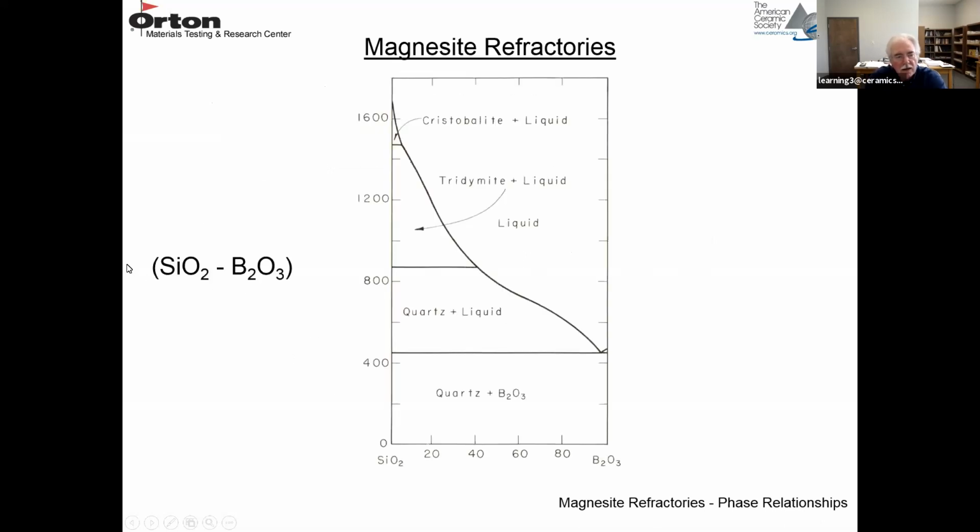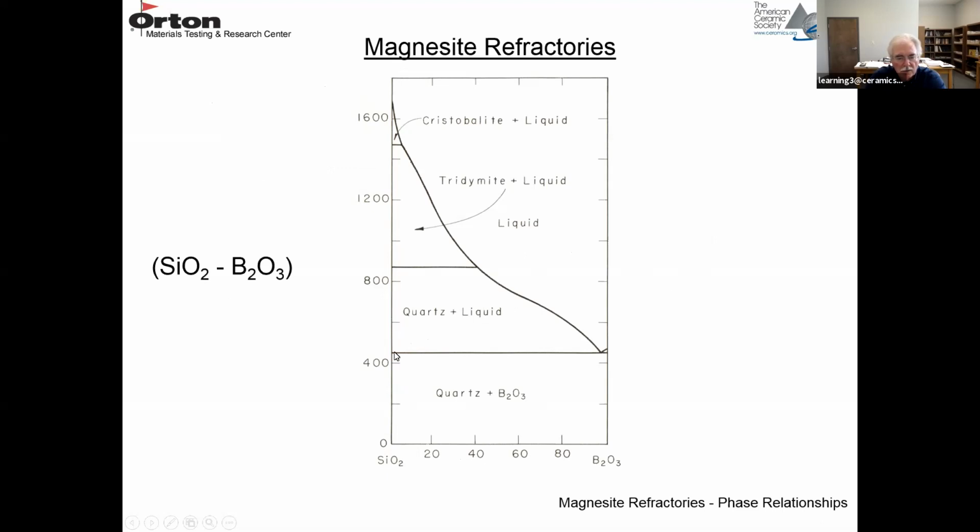So this is the phase diagram for SiO2 and B2O3, 100% B2O3 and 100% SiO2, and then temperature in degrees C. So you have quartz and B2O3 at a low temperature, and we're going up at a low concentration of B2O3.